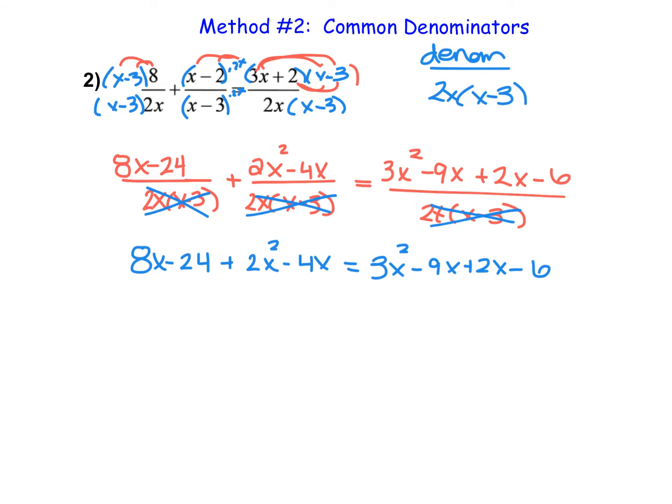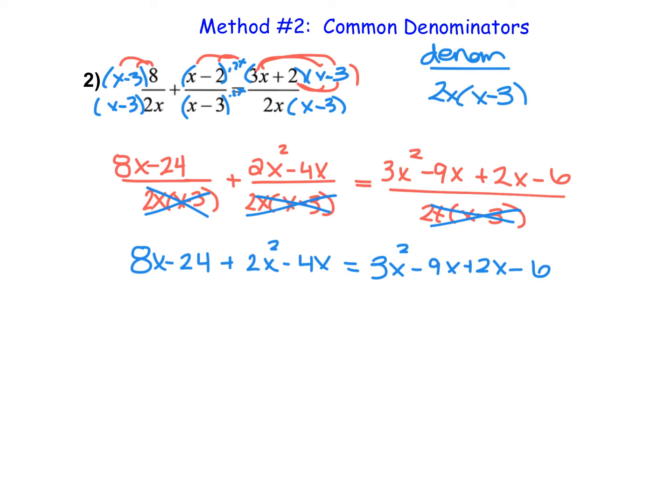So now I have an equation that I can work with a little bit easier because I'm no longer working with fractions. So using the common denominators trick essentially allows me to eliminate the fractions because they all have the same denominator. So we're just going to focus on the fact that the two numerators being added need to equal that third numerator.